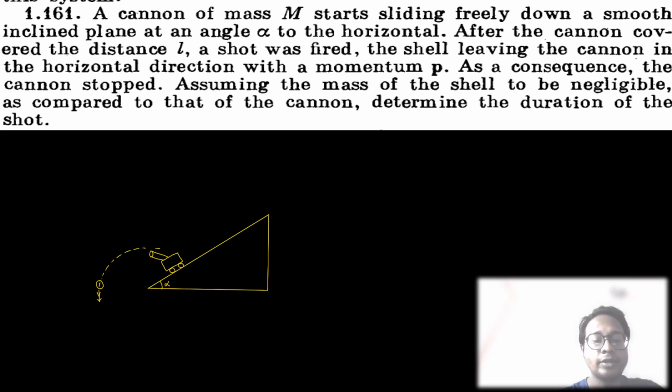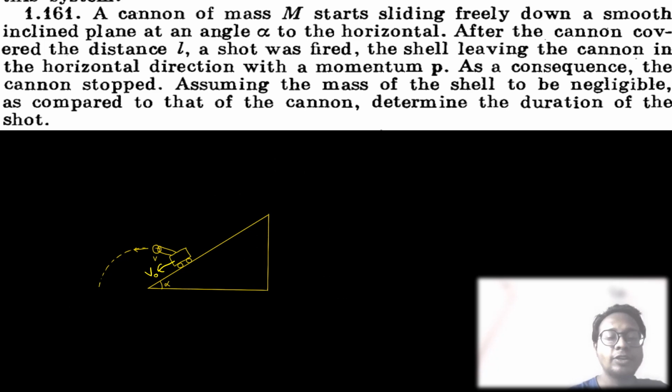So look out here, look in this question. Just before the shell has been ejected, this cannon plus shell came from out here to out here. So what was the velocity? The velocity of the cannon plus shell in this direction is nothing but v naught.